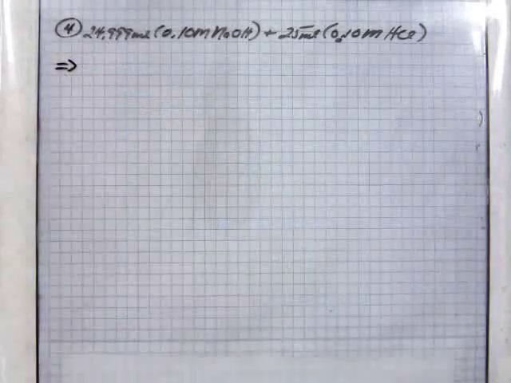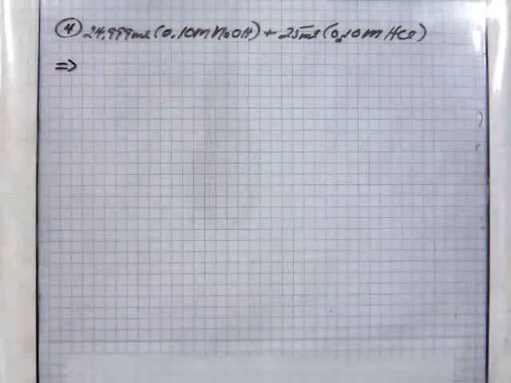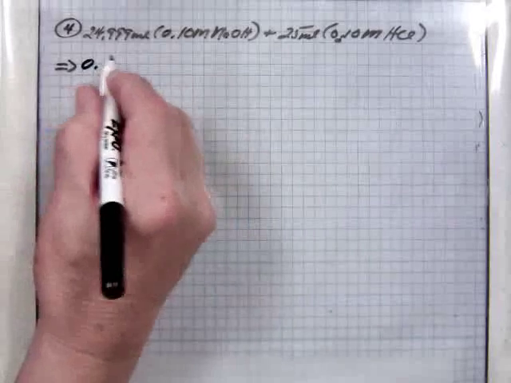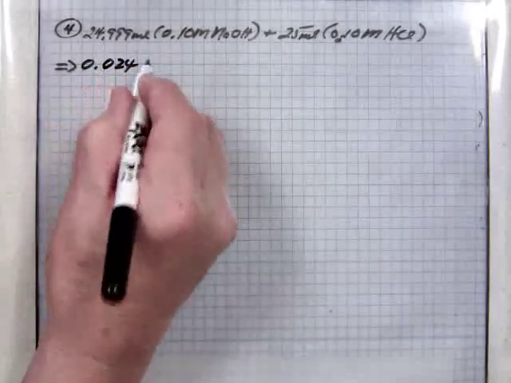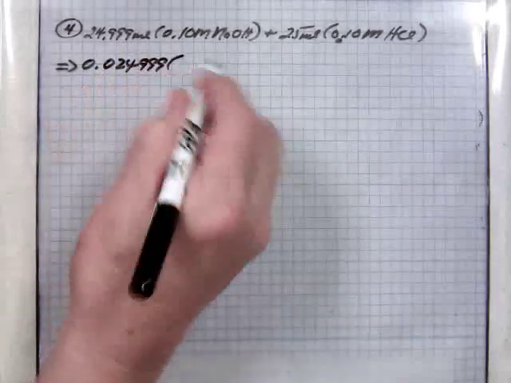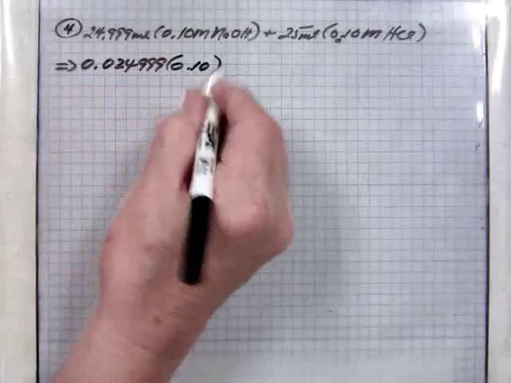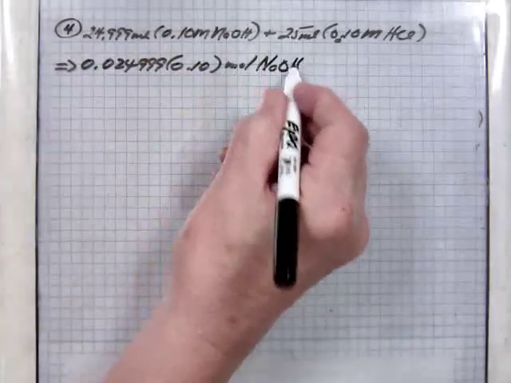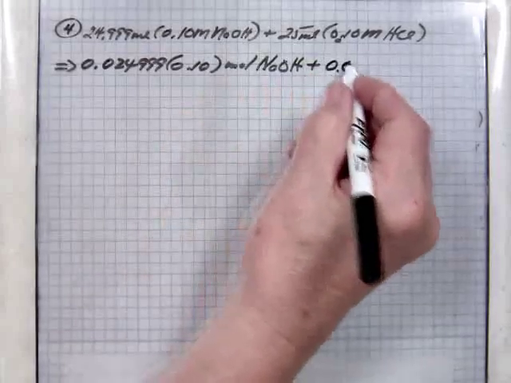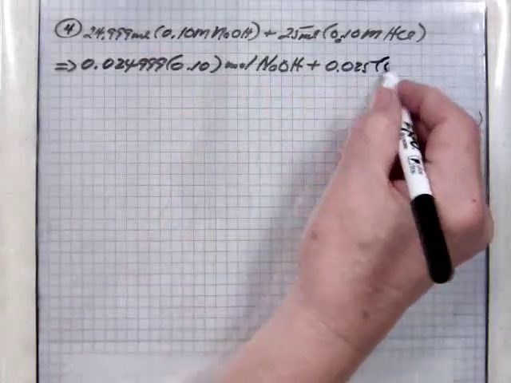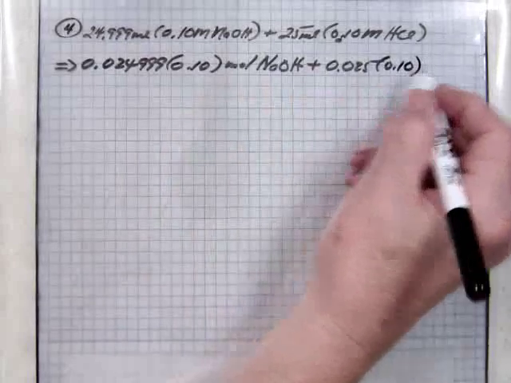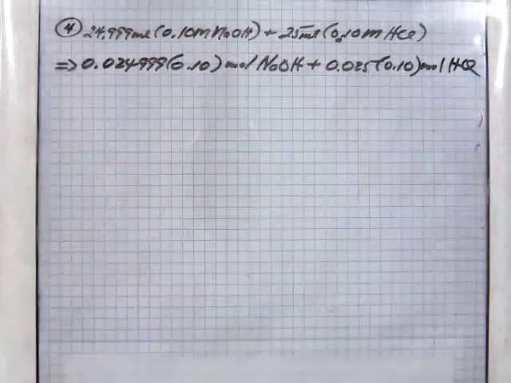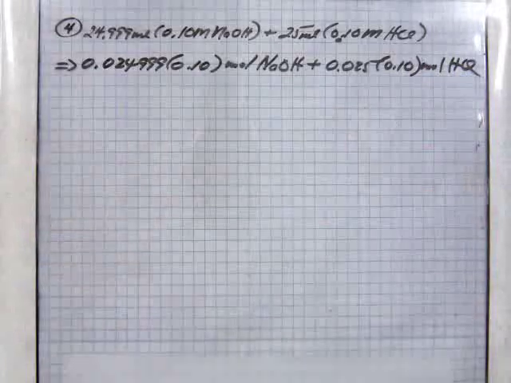Convert to moles and look at the difference. So this would be in liters, 0.024999 times 0.10 mole sodium hydroxide, and then 0.025 times 0.10 mole HCl. Molarity times volume, of course, in liters.